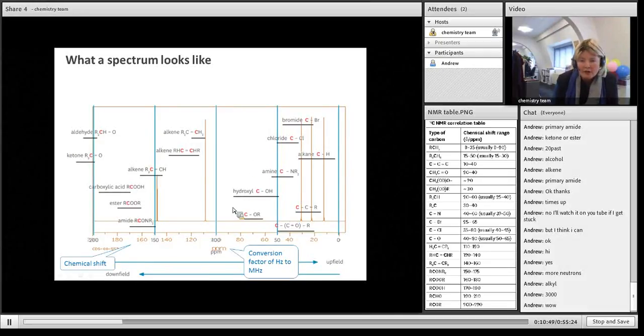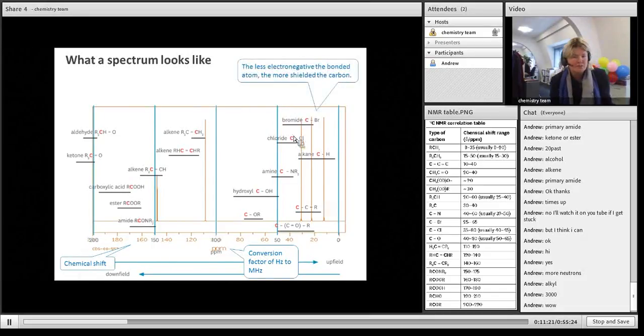Then the other half, you'll notice there's two more areas. This one over here, this is where your carbon is attached to an electronegative element from 50 and above, so it's normally oxygen with perhaps nitrogen flicking in here. You can see nitrogen just comes in here, but otherwise everything downfield of 50 is nitrogen and the halides, and then otherwise closer to zero, sort of 20 and less, are the alkyl groups.